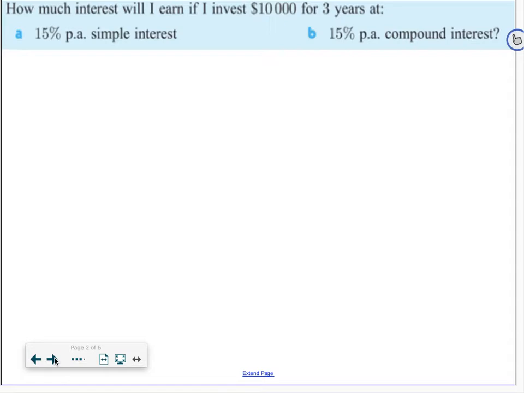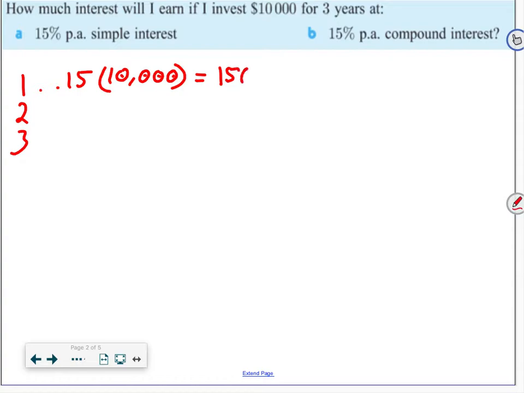Okay, so let's look at an example here. How much interest will I earn if I invest $10,000 for 3 years at 15%? So first year, second year, third year. The first year we're going to get 15% of 10,000, which is 1,500.